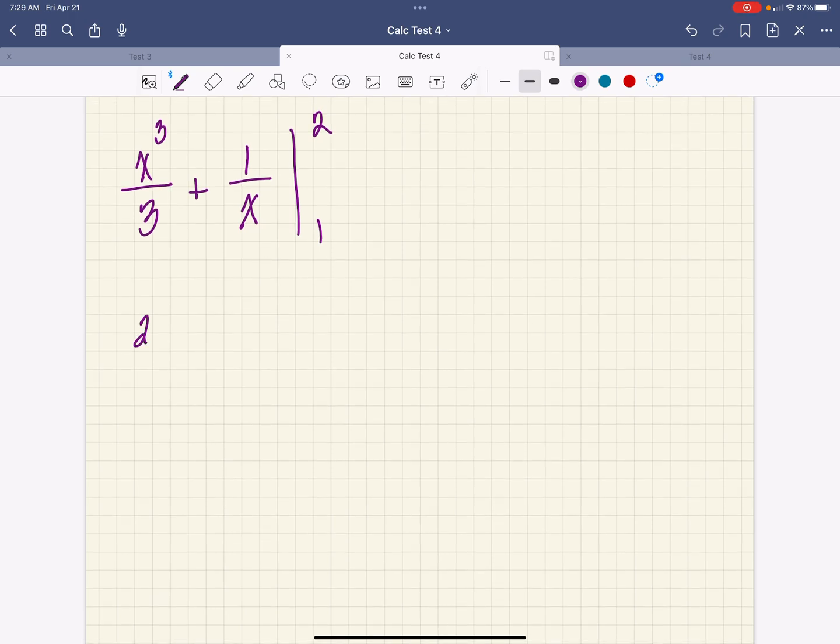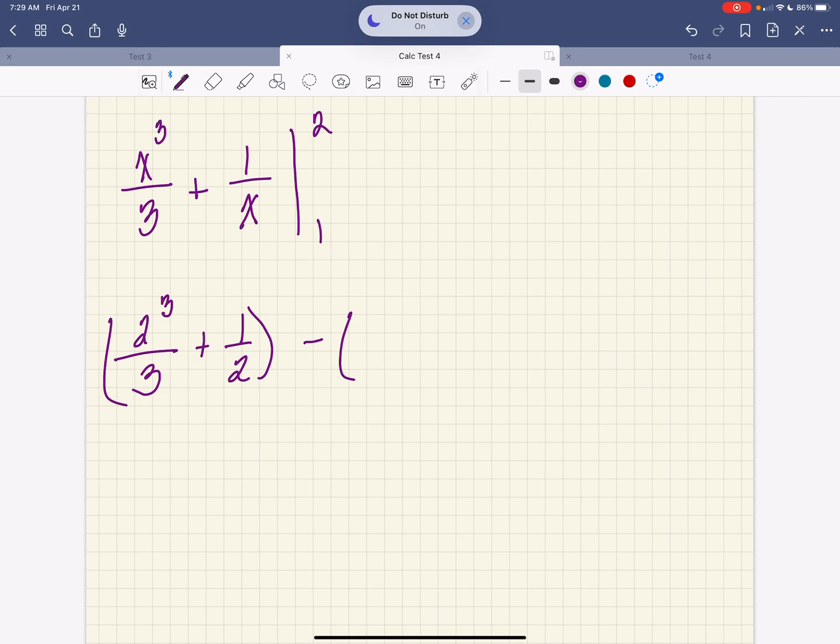So I've got 2 to the third over 3 plus 1 over 2. And then I am subtracting 1 to the third over 3 plus 1 over 1.